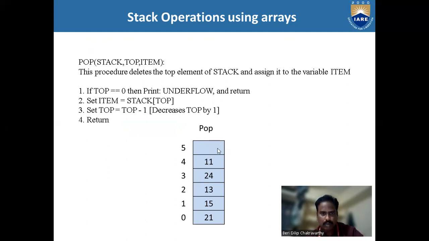Now I'm checking before deleting whether the stack is already empty. If the stack is already empty and I'm trying to delete, I'll get something called underflow, as nothing is there in my stack. If elements are there in the stack, I'll just pop the element on the top of the stack, and top will be decremented to the next position.